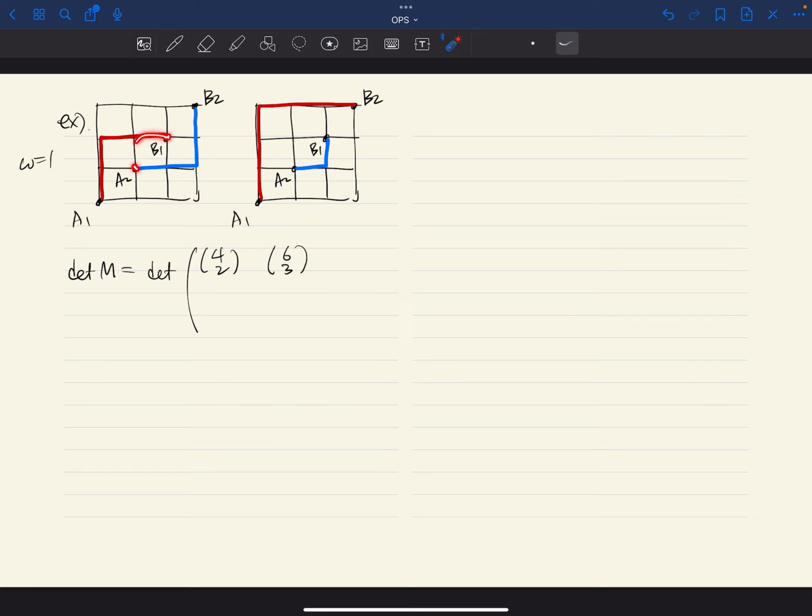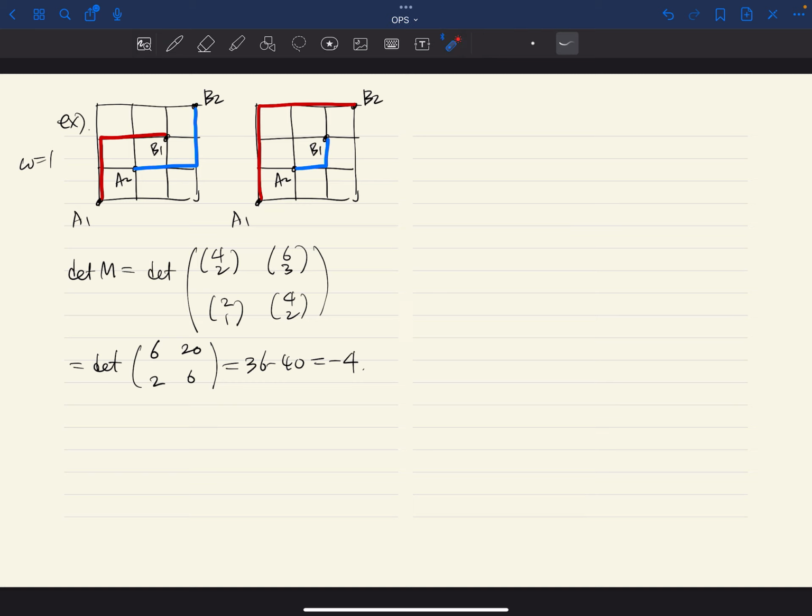For 2, 1, it's 2 choose 1. For 2, 2, it's 4 choose 2. So we can compute this easily: 6 times 6, which is 36, minus 40. So it's not even positive. Of course, it is not the number of non-intersecting paths.